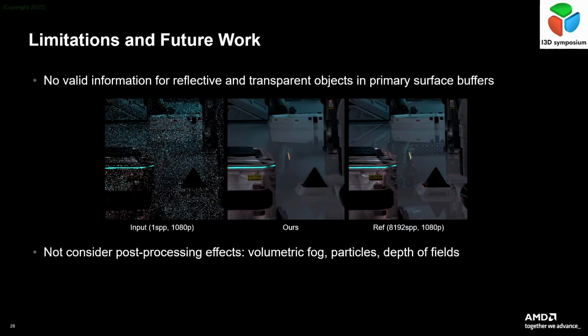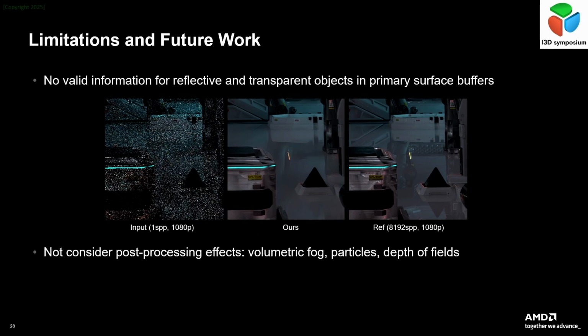We still have some limitations in our technique. For example, for highly reflective and transparent objects, as you can see in this image example, our quality is not quite at the reference ground truth reflection quality. The reason is that there is no valid information in our input or guiding buffer to represent this at all.